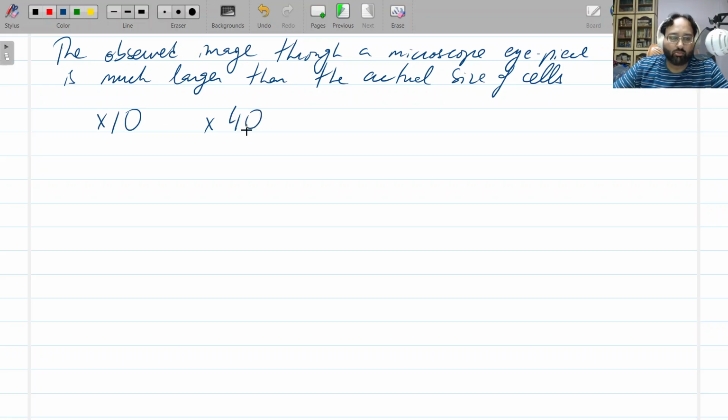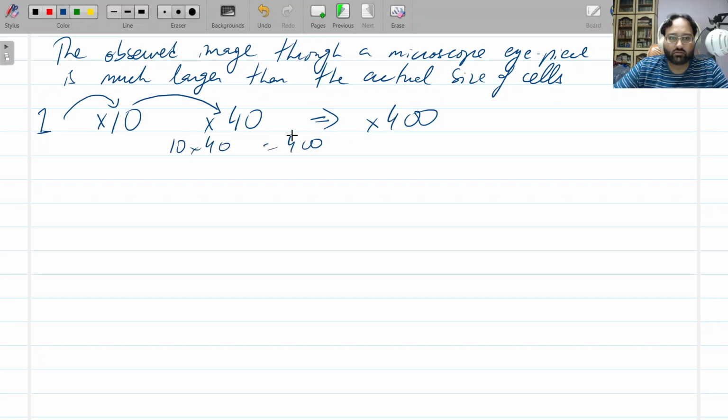So when you put these two together, you get a total magnification of times 400, because it's first magnified times 10, and that is magnified times 40. So basically you're doing 10 times 40, which gives you 400.